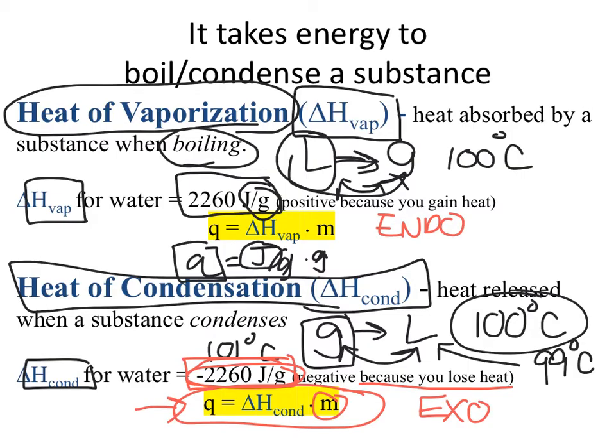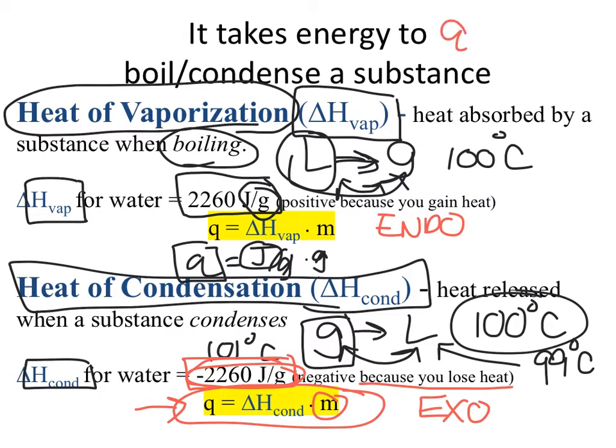Okay, so let's use these values to help us figure out, say I have a block of ice, and then I melt it, and then I heat up that liquid water enough to boil it. How much energy does that take to do all of that, to turn that ice into gas, or to just simply start melting an ice cube? We can use two equations.